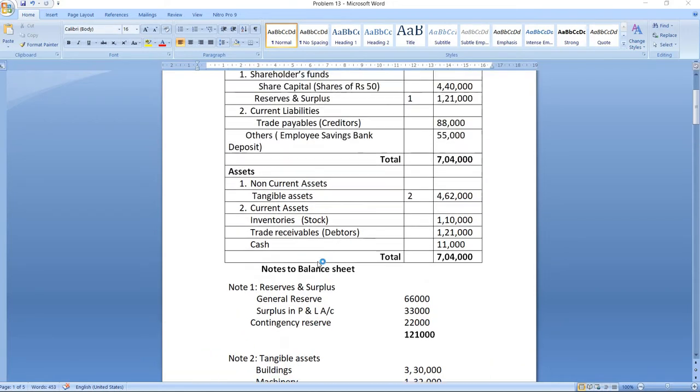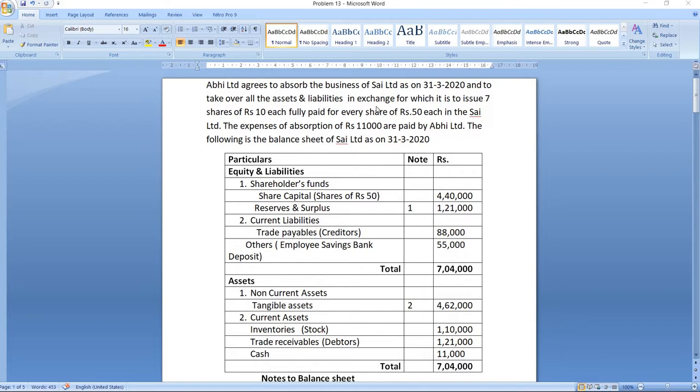Now in the problem they have given us the exchange ratio. So we are not going to make use of the net assets method to calculate purchase consideration. We will use this information to calculate the purchase consideration. What they have given us is, in exchange for which it is to issue 7 shares of rupees 10 each fully paid for every share of rupees 50 each in Sign Limited.